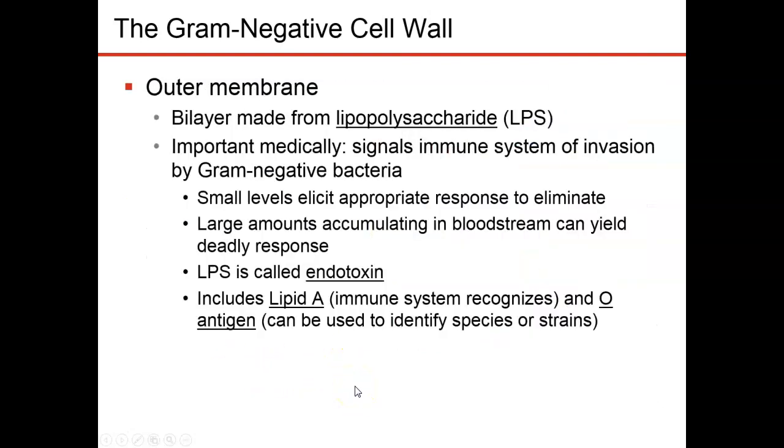So the outer membrane has that lipopolysaccharide, and this is important medically because the lipopolysaccharide has an endotoxin known as lipid A. Lipid A is an endotoxin, and when it's released, it can cause your body temperature to rise to very high temperatures that would cause you to go into shock.